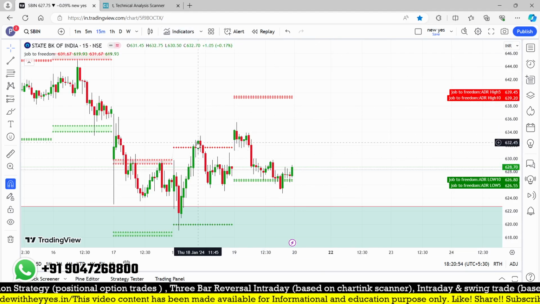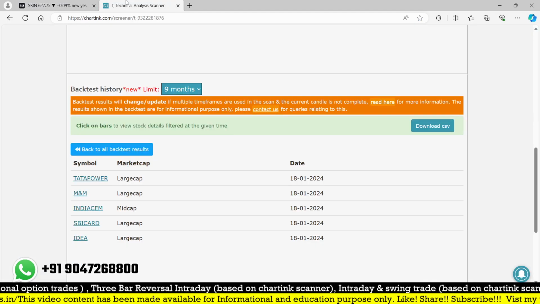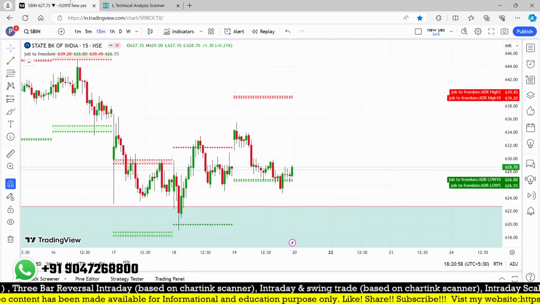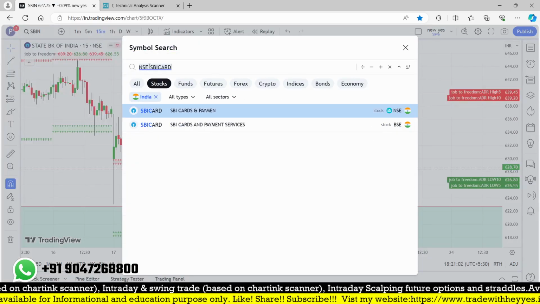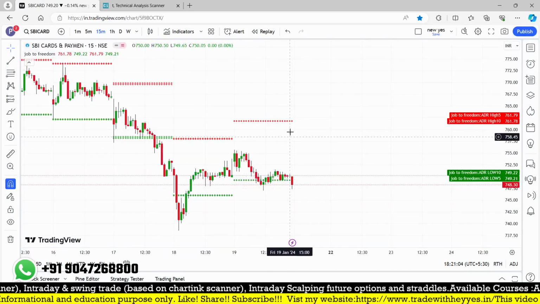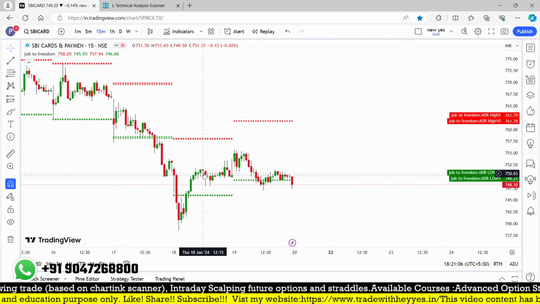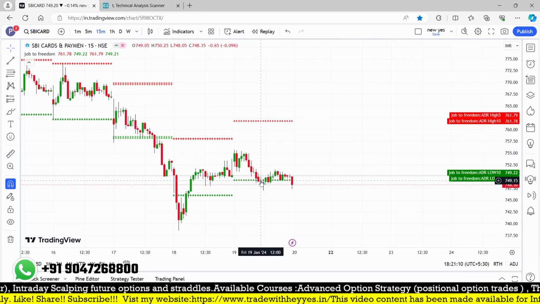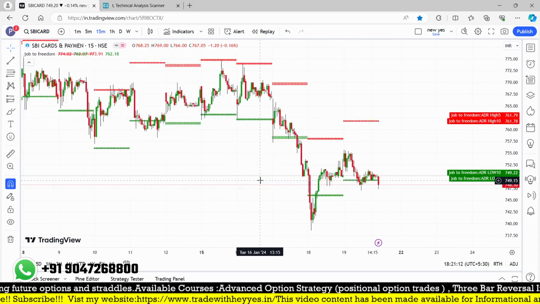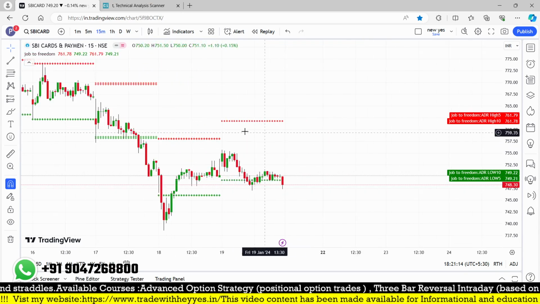It is very narrow. Sorry, it's not about the SBI Card, it is SBI Bank. Today it is very narrow, and yesterday also it was very tight, but compared to yesterday, today is a very tight range, and it closed below the lower. Maybe look for a positional swing, something like that in this one.